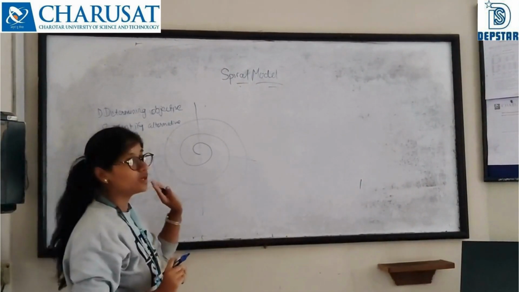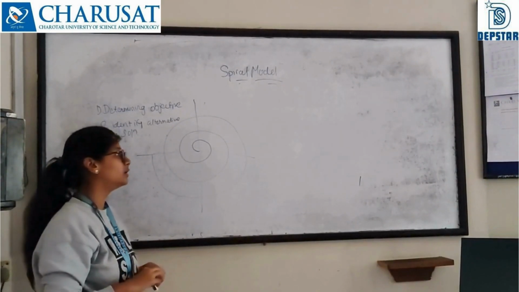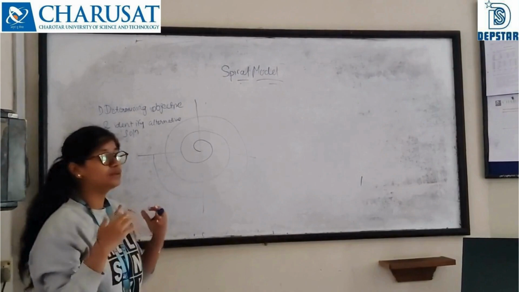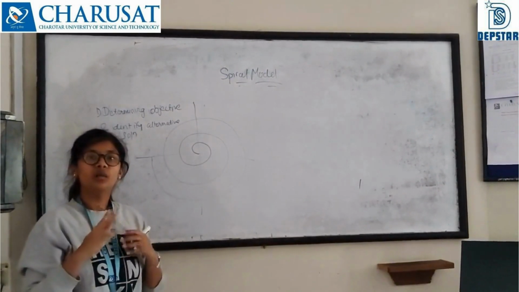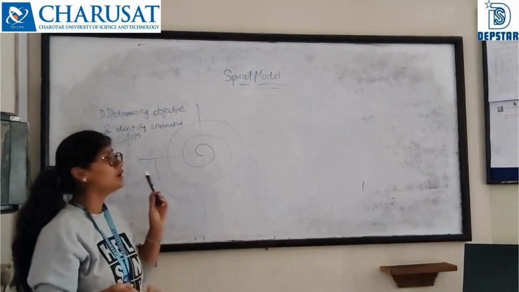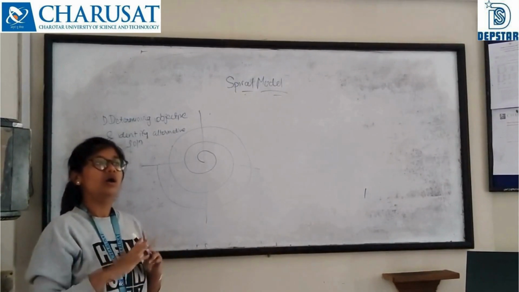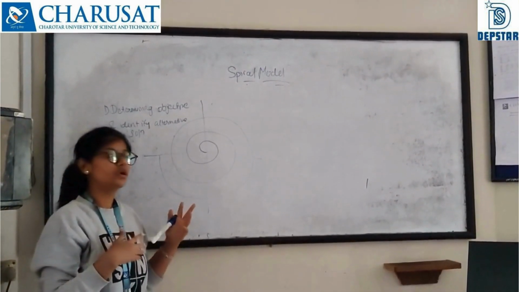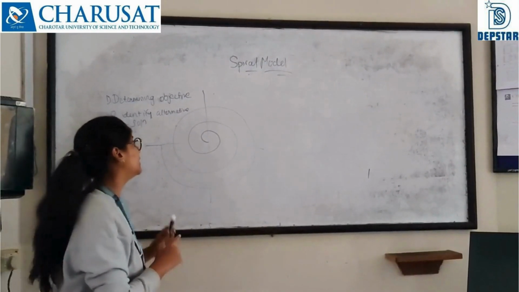So in this phase, the company interacts with the client and they gather the requirement, and based upon that they determine the objective for preparing the software, and in this phase they also identify the alternative methods to prepare the software.